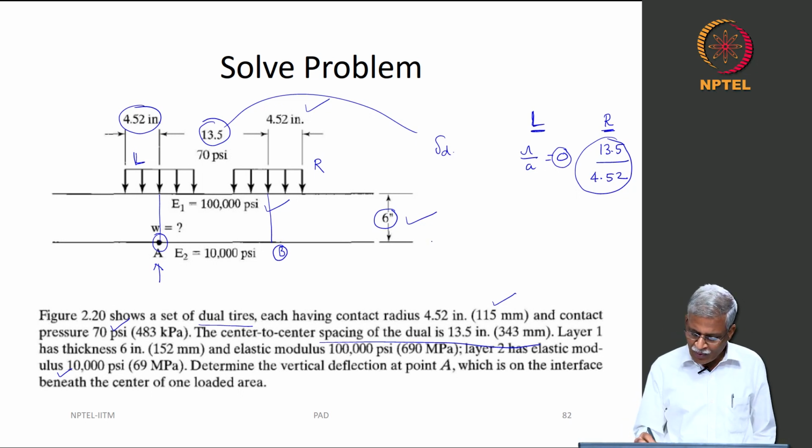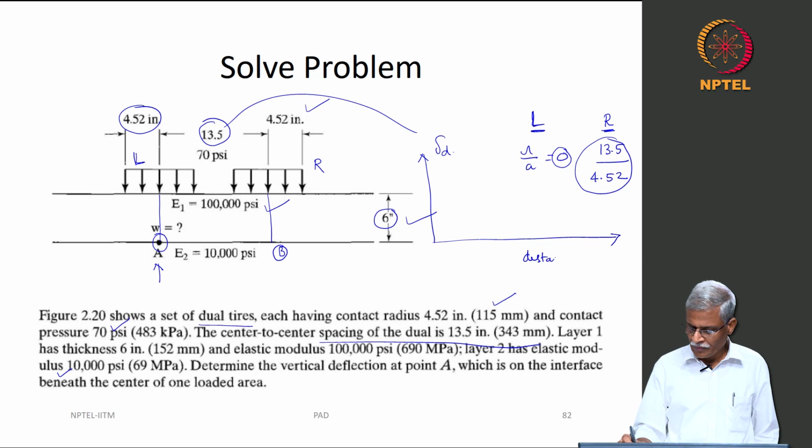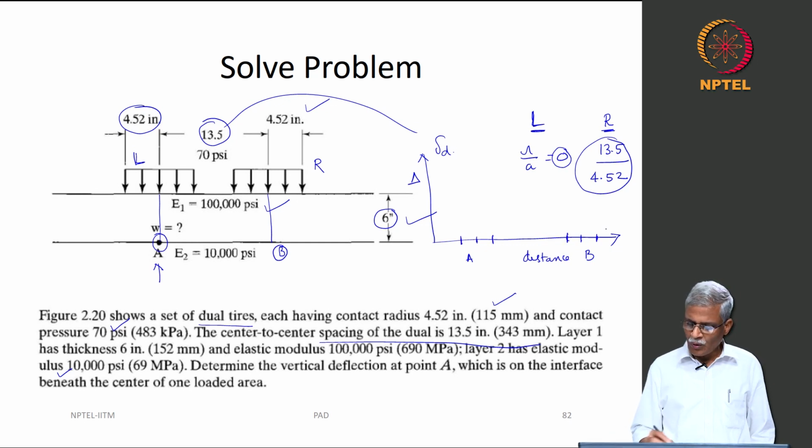So, what normally we should do is, let us say this is distance and this is the deflection. Let us mark the position of A and B. Let us also mark the position of the outer and the inner, and let us mark the position of the center.